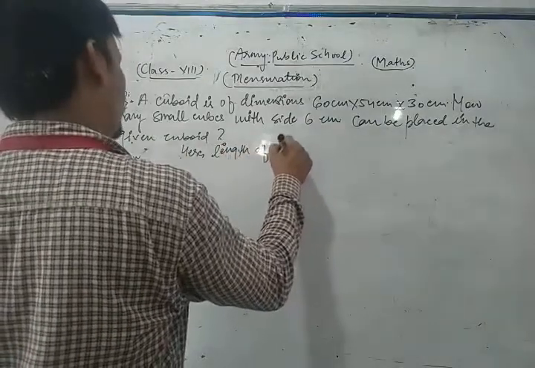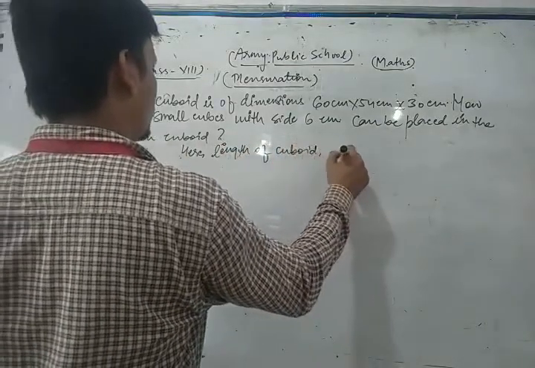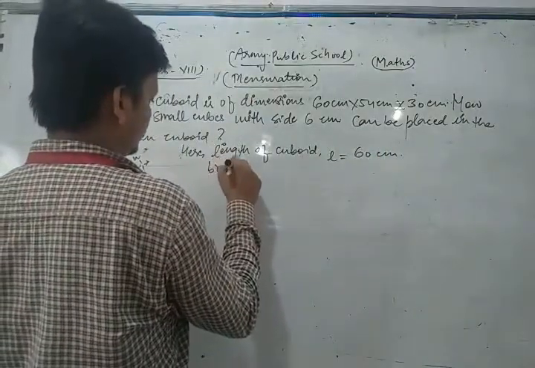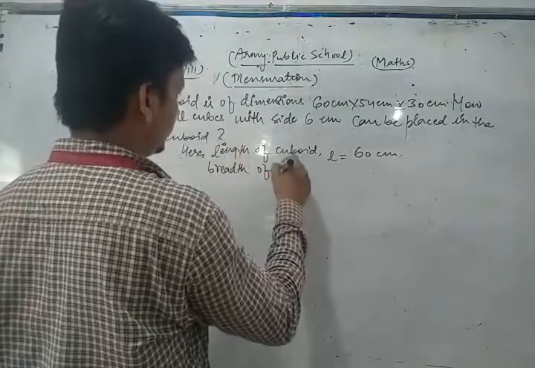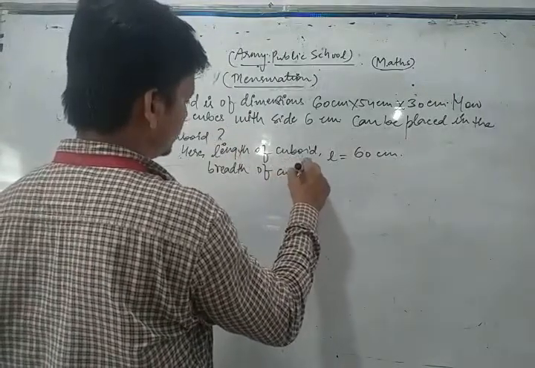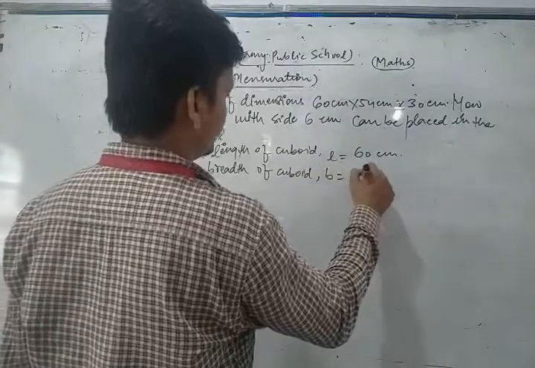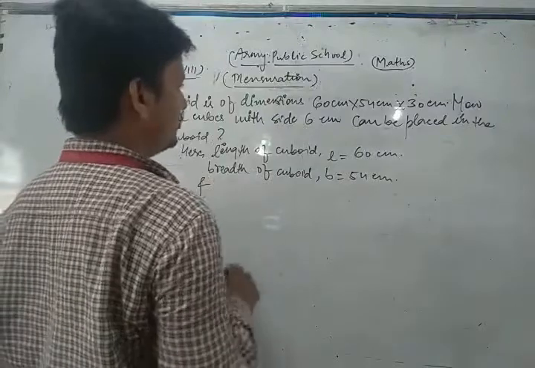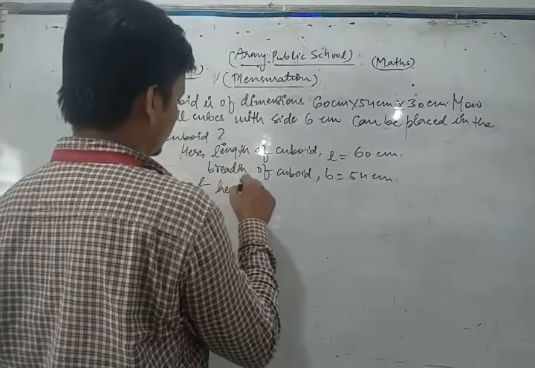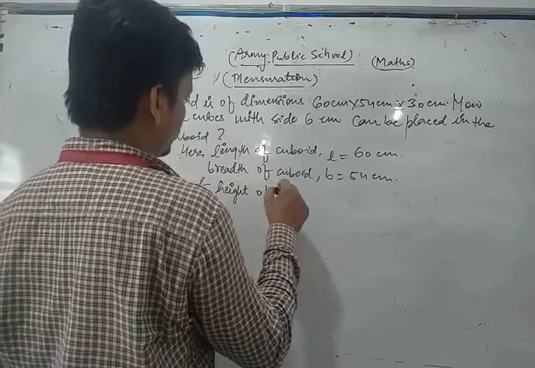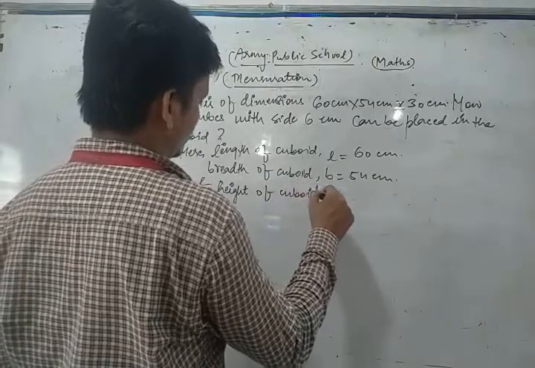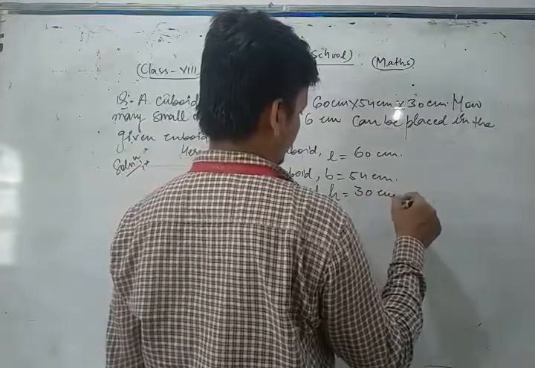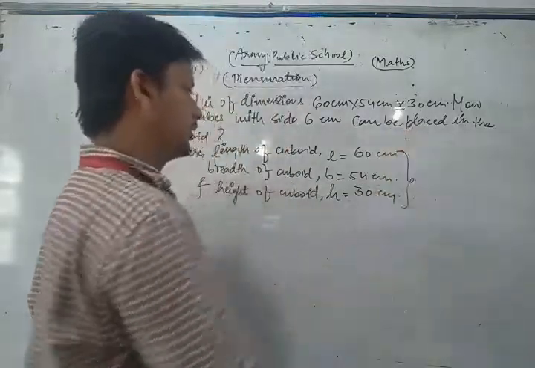So now here length of cuboid L is what? 60 centimeter. Breadth of cuboid B is what? 54 centimeter. And height of cuboid H is what? 30 centimeter.